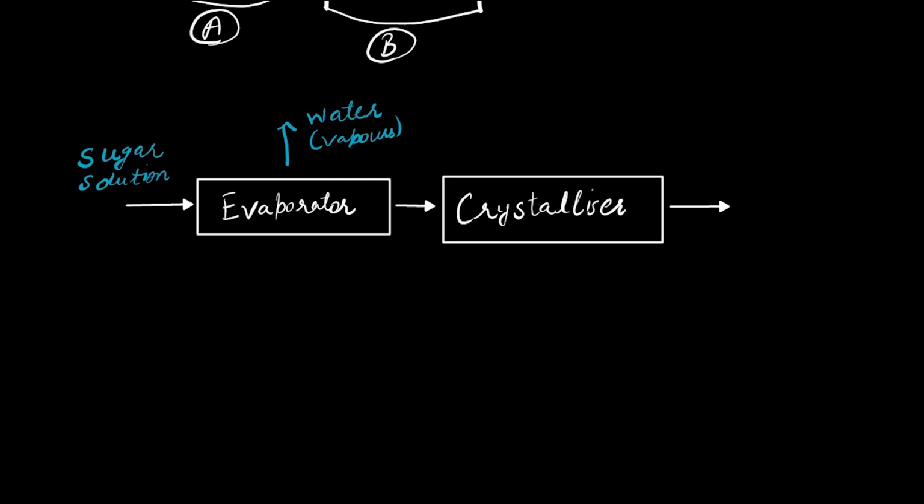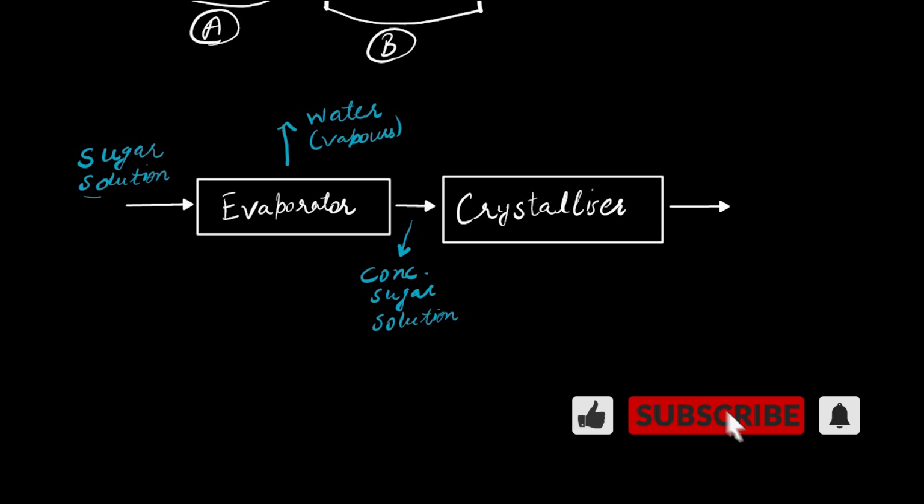The water evaporates, and the initial sugar solution, which was diluted, is now more concentrated at the outlet of the evaporator. Now this is a concentrated sugar solution.